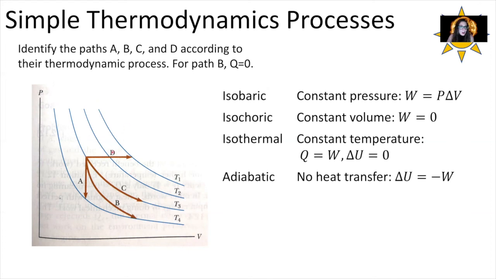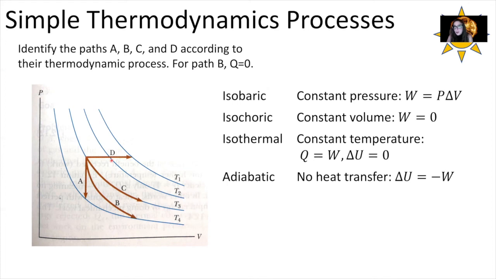So anywhere along one of these blue lines, temperature remains constant. And so we have 4 paths here. They're all starting from the same spot. We've got paths A, B, C, and D, and you're going to identify them according to their trajectory here on the P versus V diagram.